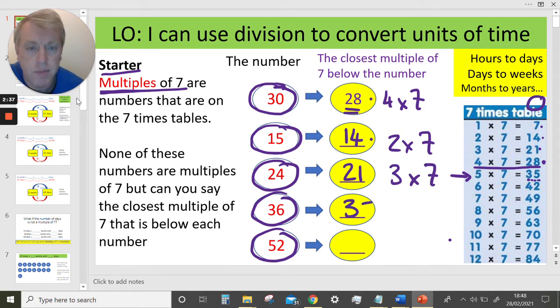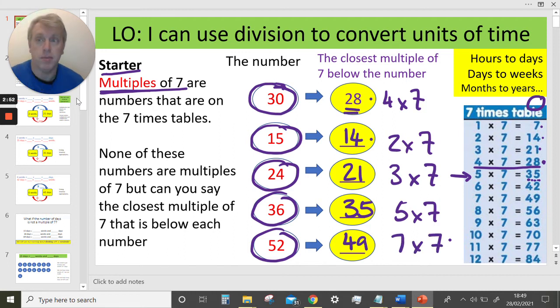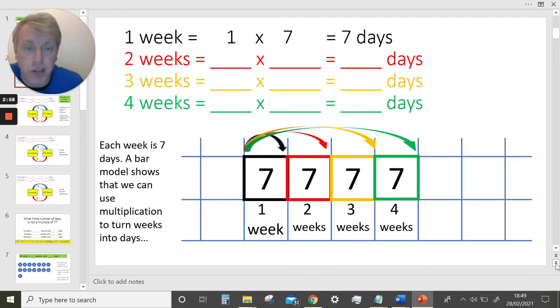Well, the closest multiple of 7 is 35. 5 times 7. The closest multiple of 7 which is below 52 is 49. 7 times 7.